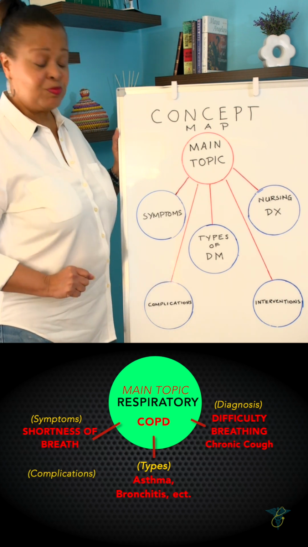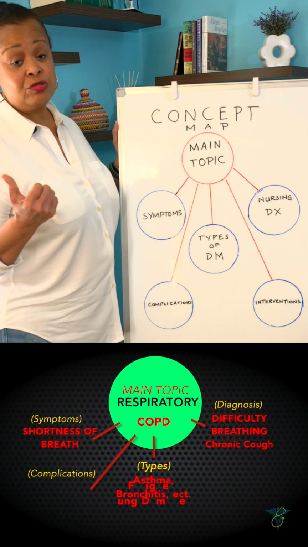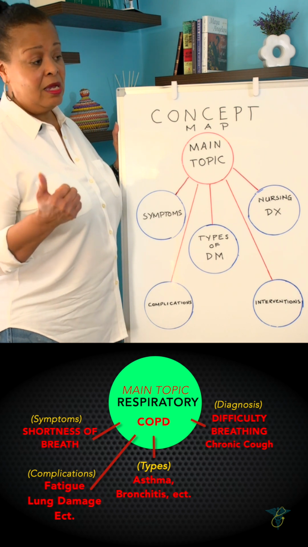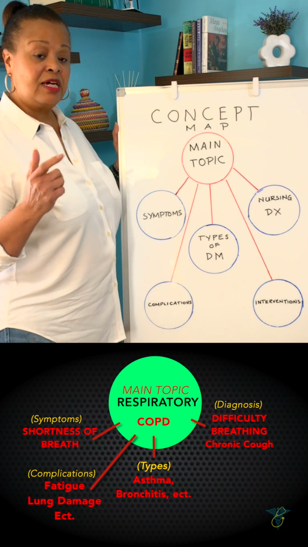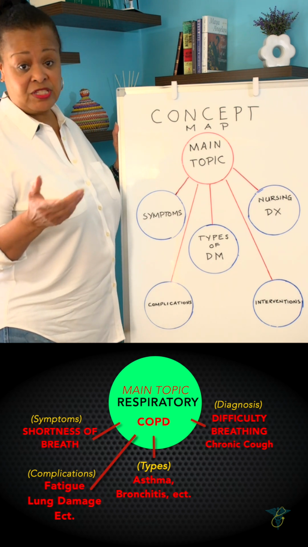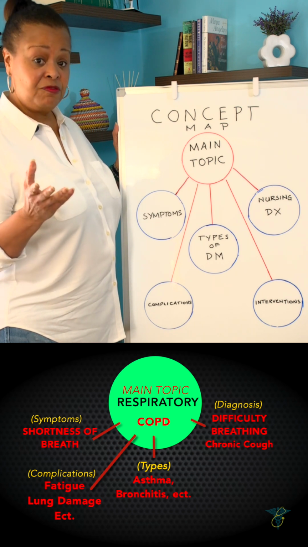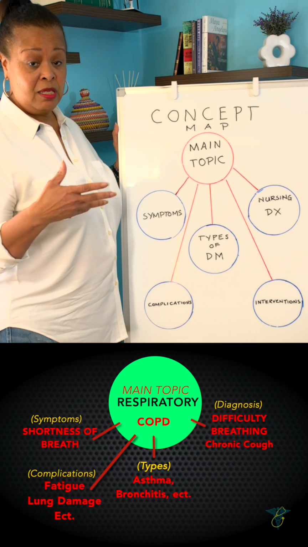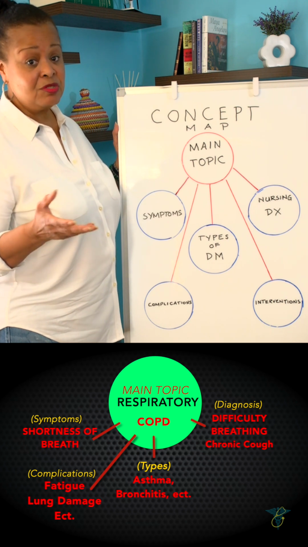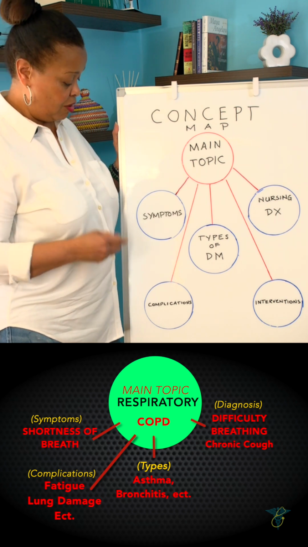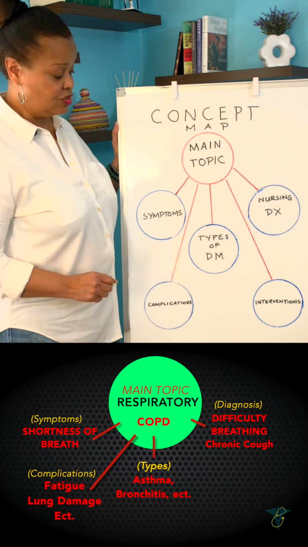Complications of respiratory problems include fatigue, damage to the lungs if it's not treated, dyspnea, difficulty breathing, using many pillows like orthopnea. We know all of that could be potential complications.